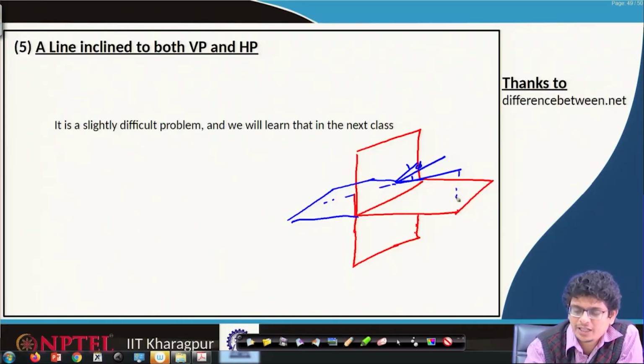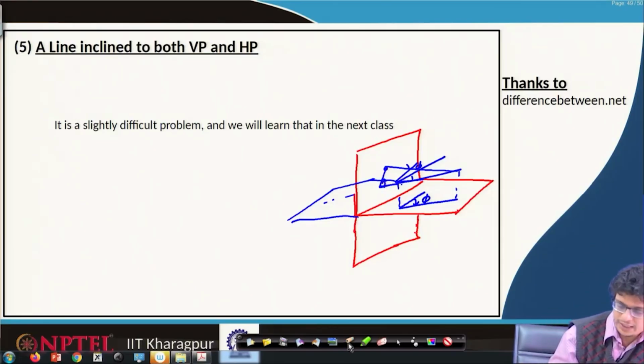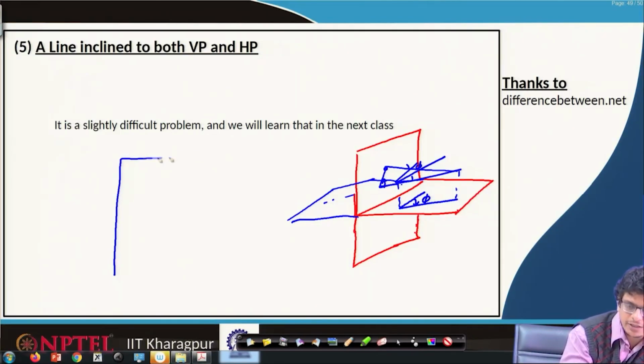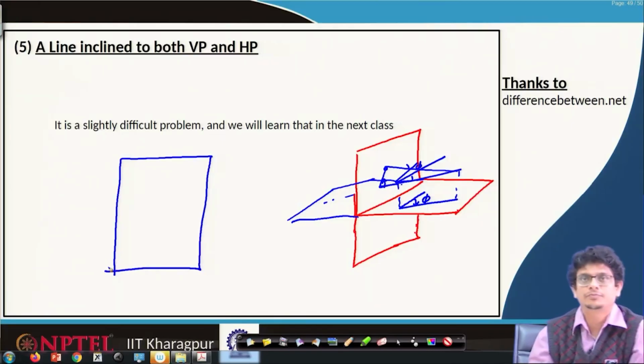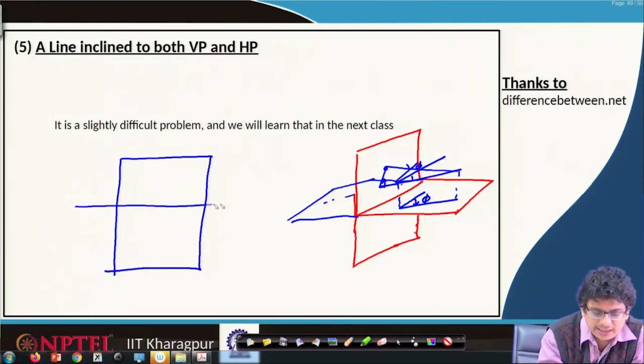So, if we are having those projections, it makes an angle phi here, and this line if we are projecting, it makes another angle. So, that means if we are going to show it on these planes, these are the xy coordinates.